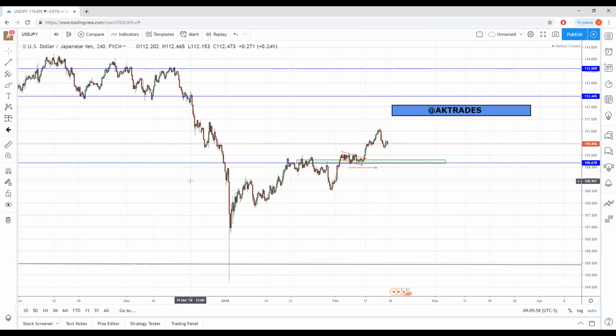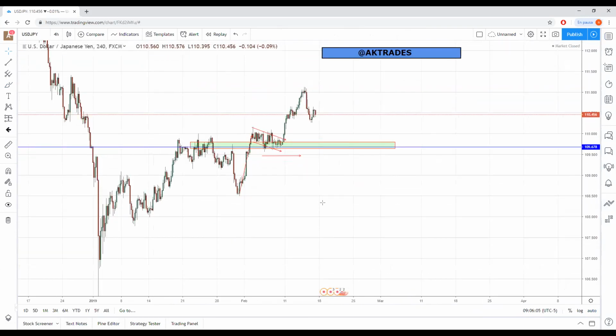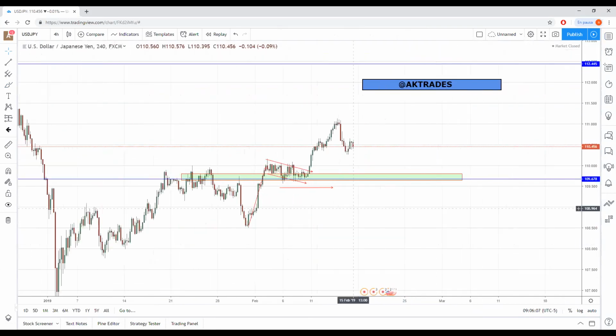Now talking about the dollar yen, we also discussed this pair last week. Last week price was around here, and I thought that my bias for this trade was bearish, but I would not enter this trade if prices didn't fall to 109.47, because at this point when we talked about it, it was 50-50, since it was forming what appeared to be, and in the end turned out to be, a bullish flag.